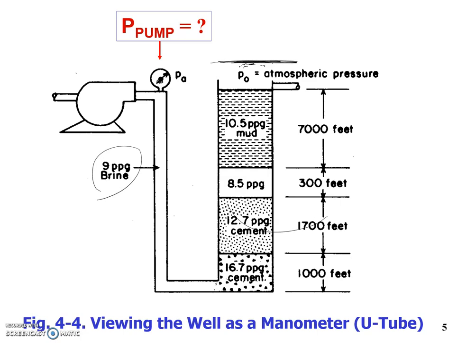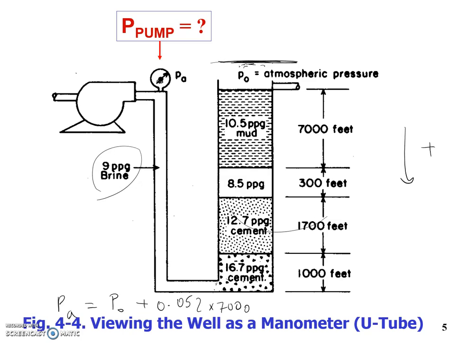So basically you can say that your PA is equal to, you start from the right hand side, this is P0, atmospheric pressure at the top, and then we have 7,000 feet of 10.5 pound per gallon mud, right? So that's plus 0.052 times 7,000, because the pressure increases as you go down, right?